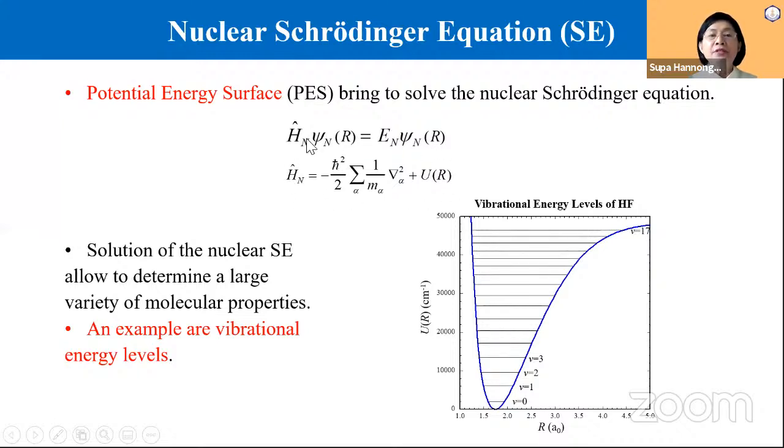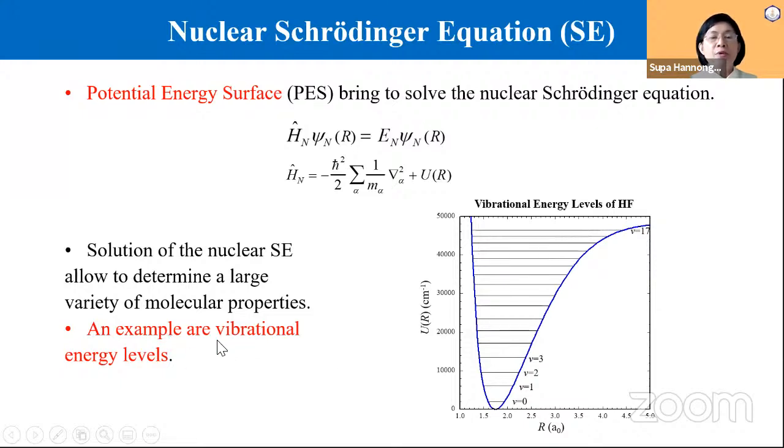So we have the Hamiltonian operator of the nuclear motion. If we can solve the nuclear Schrodinger equation, that means we can determine a large variety of molecular properties, like for mercury bromide.